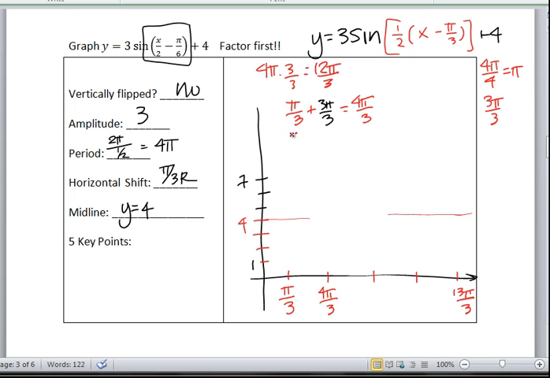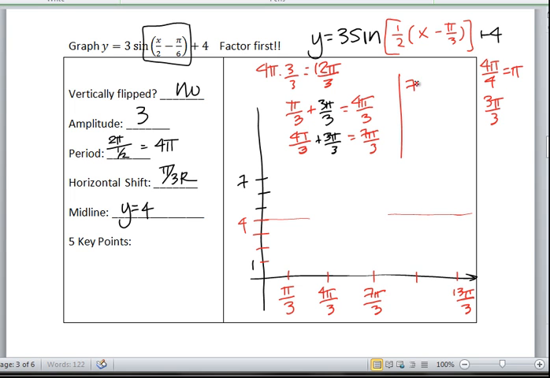And then I take that 4 pi over 3, and to that I add 3 pi over 3. And that gets me to 7 pi over 3. And that's this. Not so bad, right?